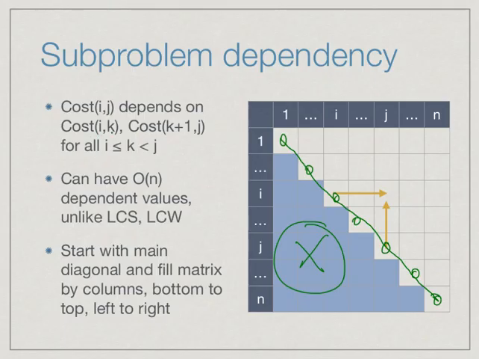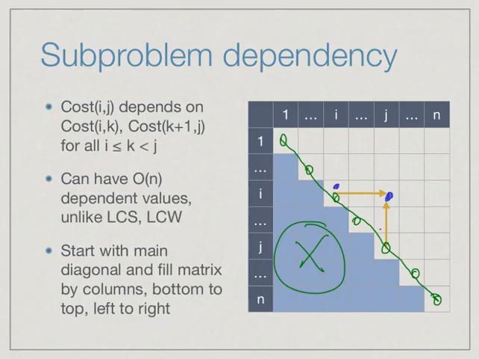I need to compute ik, and so it turns out that if I want to compute a particular entry i comma j, then I need to choose a good k. I can express this in many different ways. For example, supposing I want to compute this particular entry, then I pick this entry i to i, and then I want the entry i plus 1 to j.